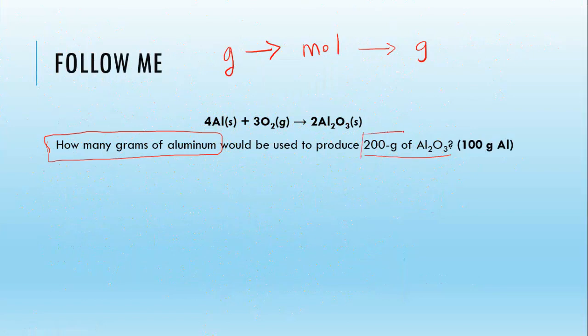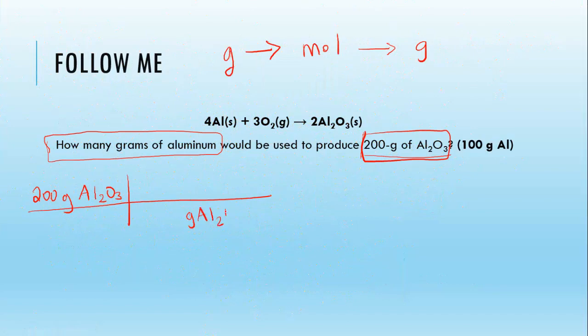I'm going to start once again with what I'm given. I'm given 200 grams of Al2O3. Okay, so we know by now that whatever's up here has to go into the bottom of the fraction that's next to it, so it'll cancel out. Okay, I told you you have to get to moles.